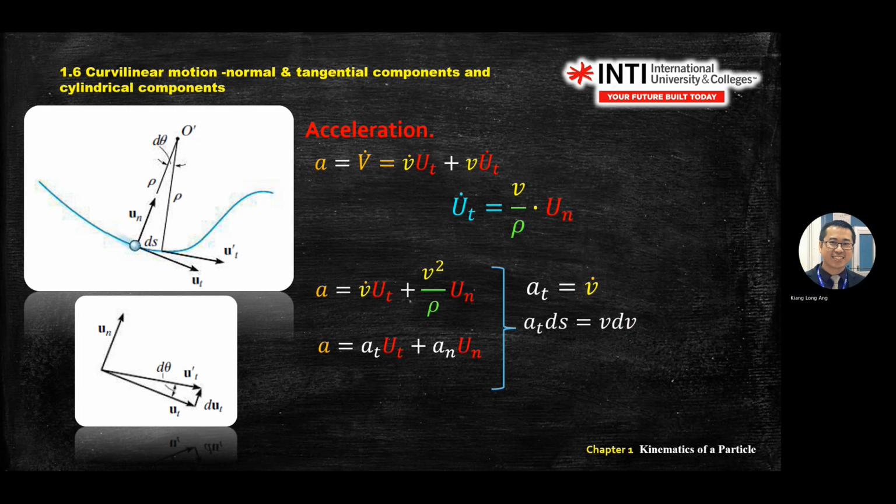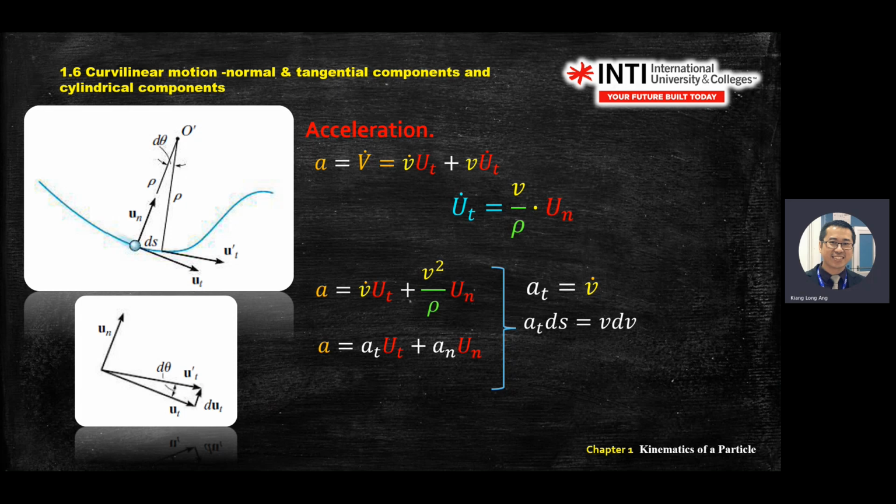And recall the equation that we derived earlier, a ds equals v dv. We will use this equation also in some of the solutions. So it pairs with the one that I wrote on the whiteboard here. What is important in this session is this equation, acceleration has two components, normal and tangent, and what the equations are. So what is a t, how to find a t?